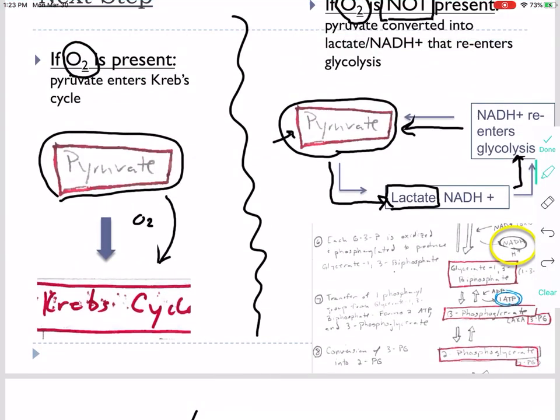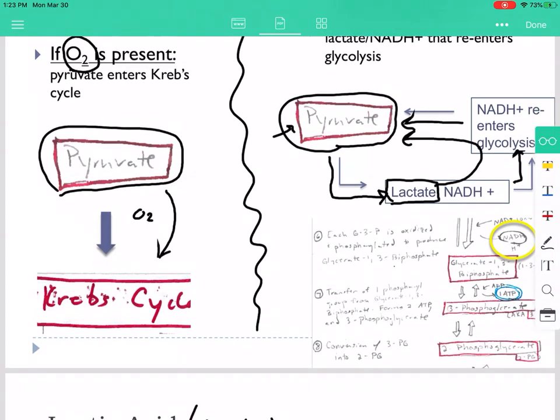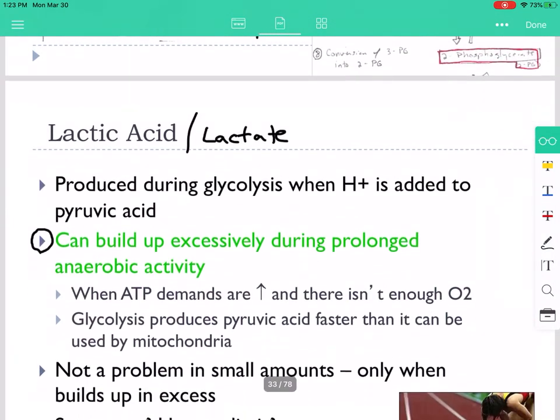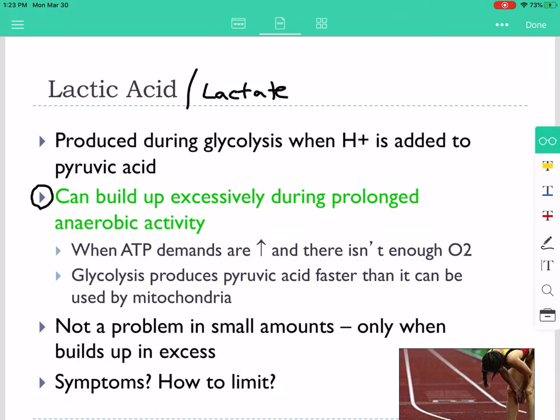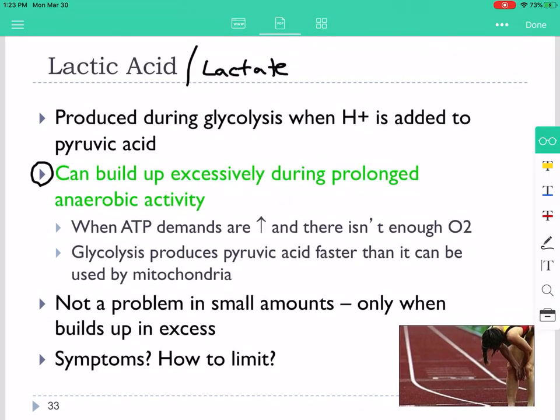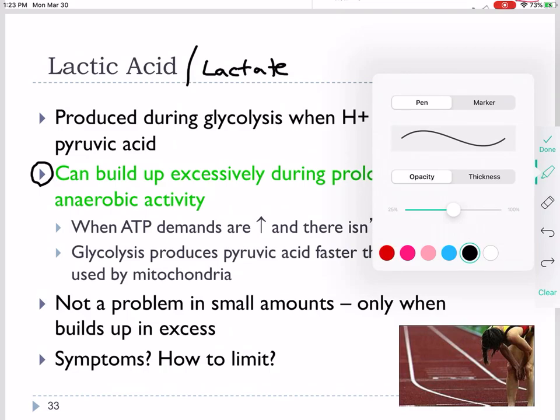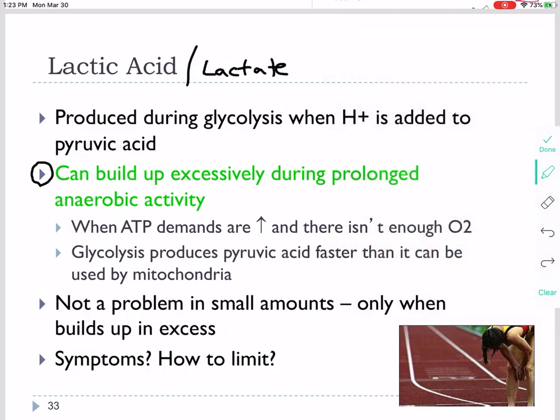As a matter of fact, we can actually burn some lactate to make more pyruvate and make more ATP. So lactate can actually be its own energy source. There's a lot of research right now talking about some parts of the body, like the central nervous tissue, that is very good at using lactate to produce ATP in quick situations. So lactate is not bad on its own.